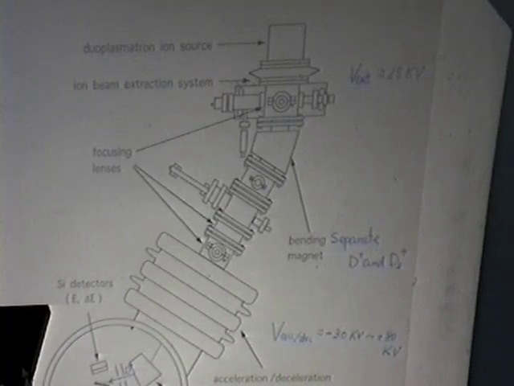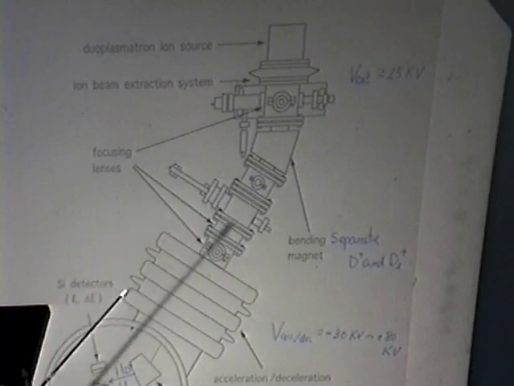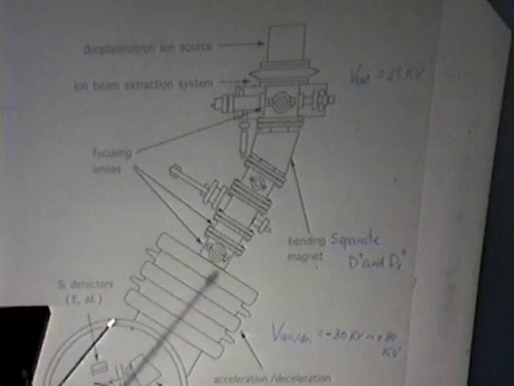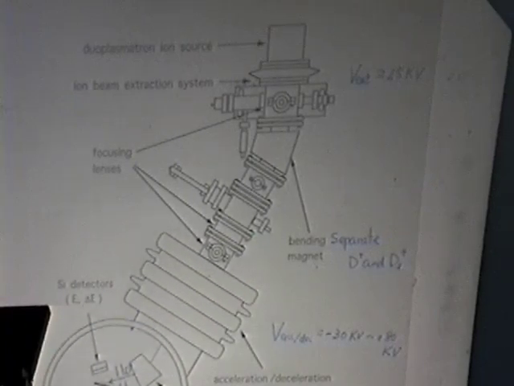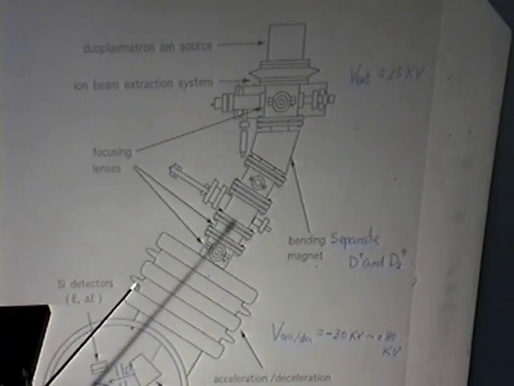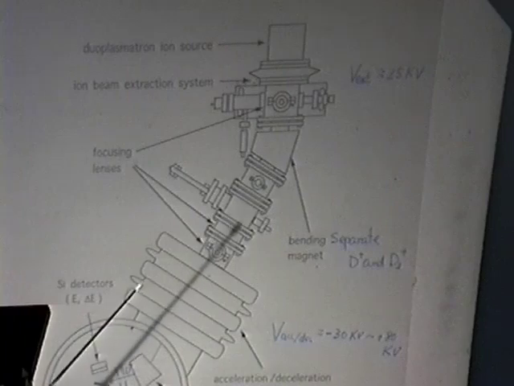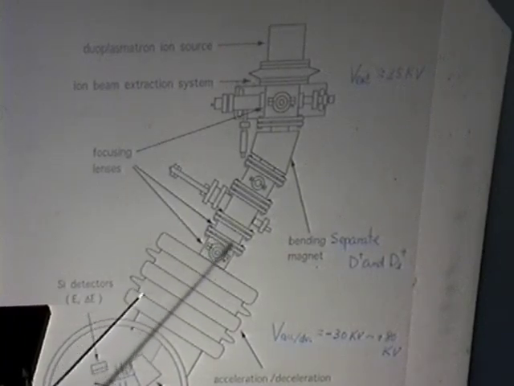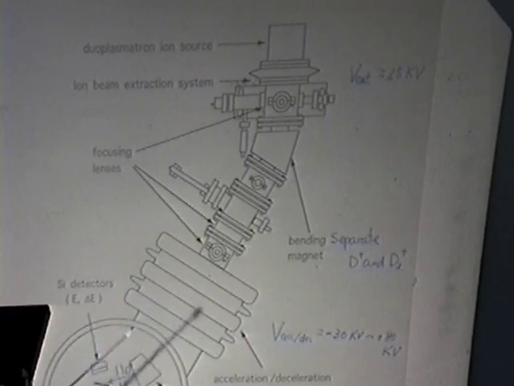The point is that even if you ionize the gas, some of it can be neutralized during the transportation. So if you have a D atom around here, the D atom is not decelerated by this electrode and goes to the target directly.